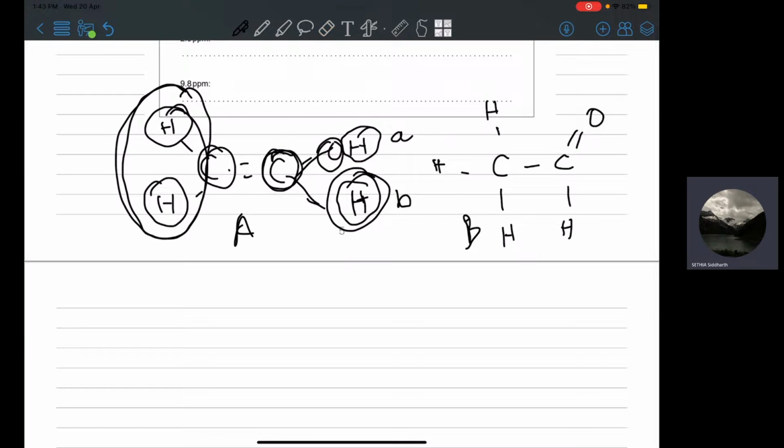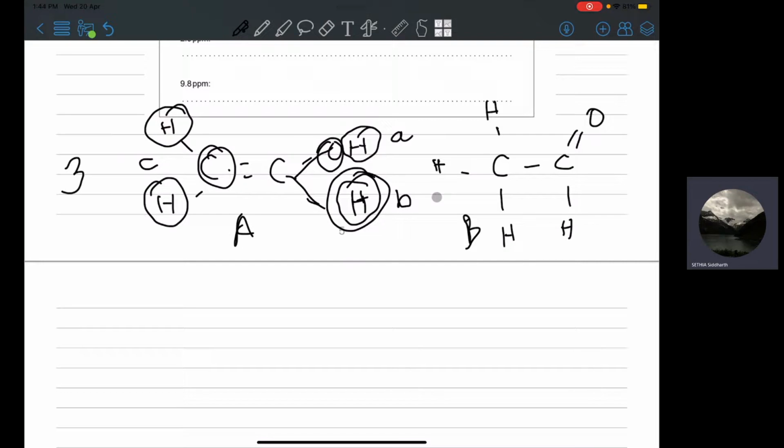So that is the difference between these two environments, and they are clearly different from one another. So this is another environment by itself. That is environment number C. And as you can see, there are three different hydrogen environments in molecule number A.